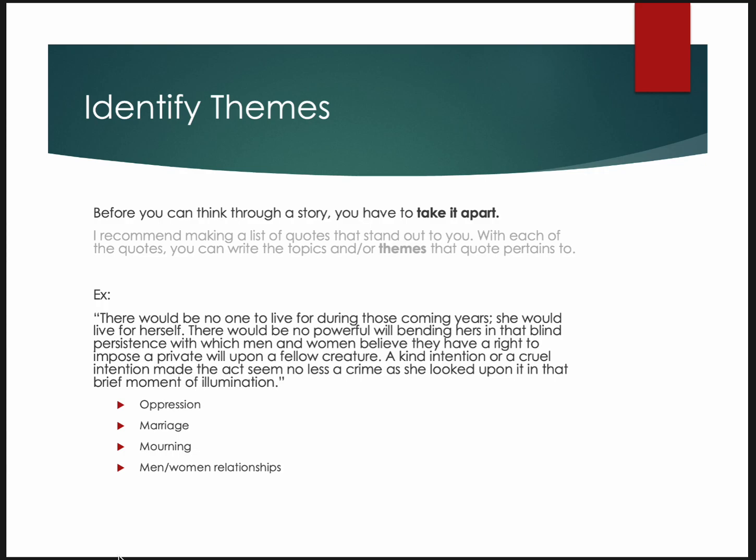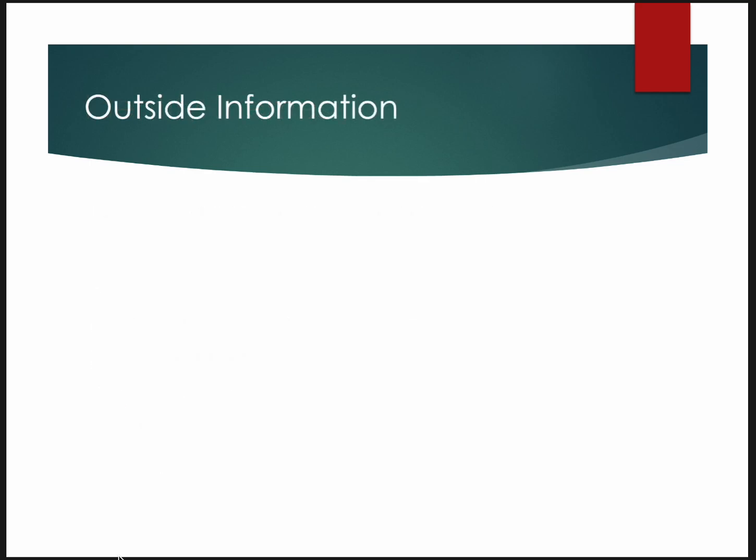So for instance, for this particular quote, this could be about themes of oppression, themes about marriage or mourning and death. It could be themes about men's and women's relationships. So as you think about these different themes, if you're making a list, what you're going to start seeing is repetition in those lists. And when you see a theme repeat with different parts of the formal or stylistic features, then you know you probably have something that is important to understanding your interpretation.